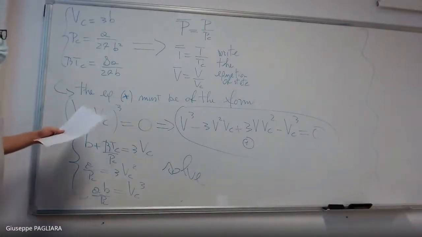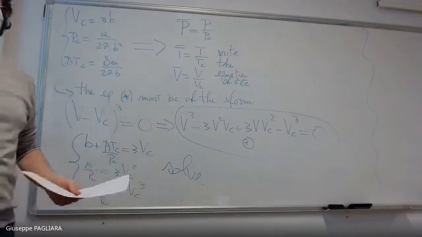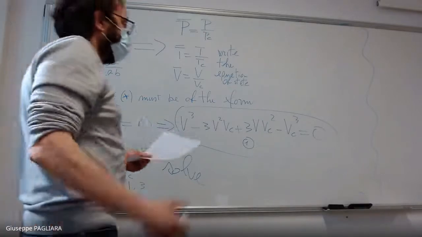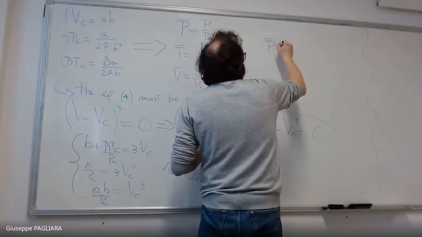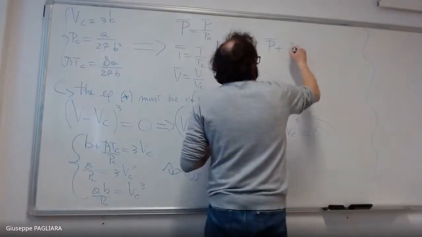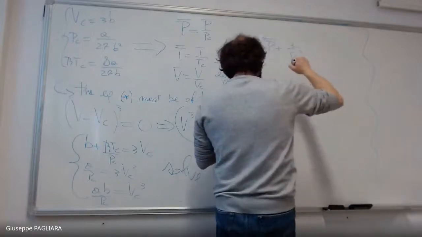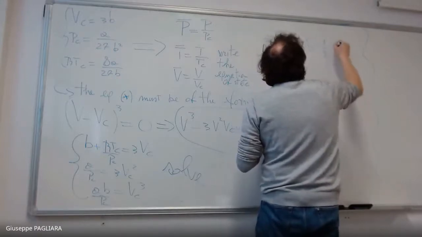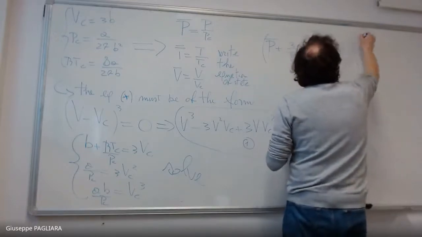Now, by using the relation between VC, PC, TC, and A and B, one can show, I'm not doing the algebra because it's very boring, and you don't need to learn this, just need to remember that there is a way to write this in a-dimensional form, and you get P bar plus 3 divided by V bar squared times V bar minus 1/3 is equal to 8 divided by 3 T bar.